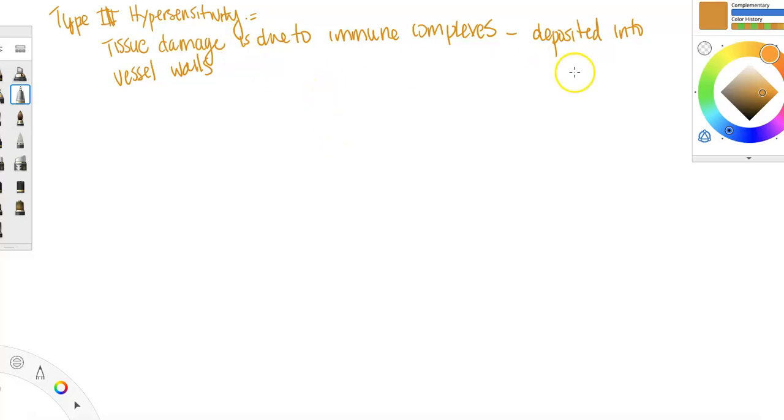So an immune complex is kind of like a bunch of antibodies that sort of link together and become a complex. So let's draw this out a little bit. Okay.